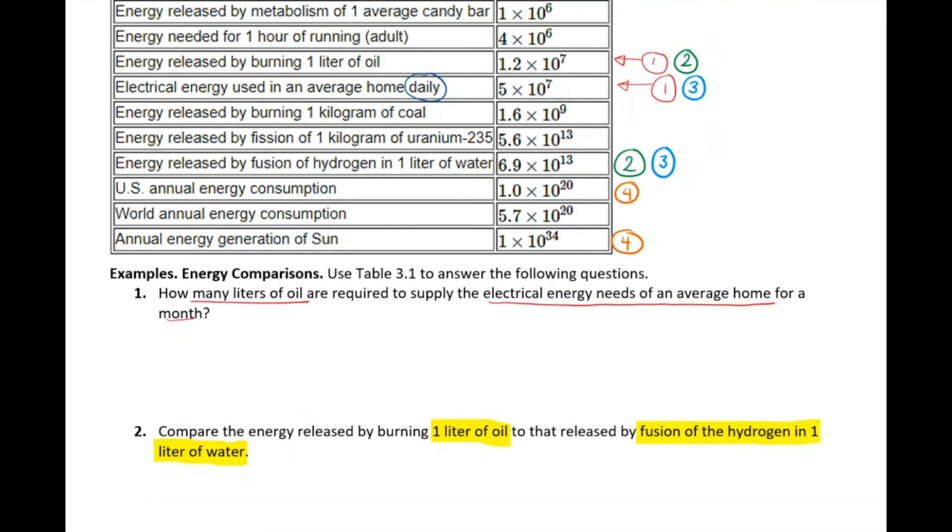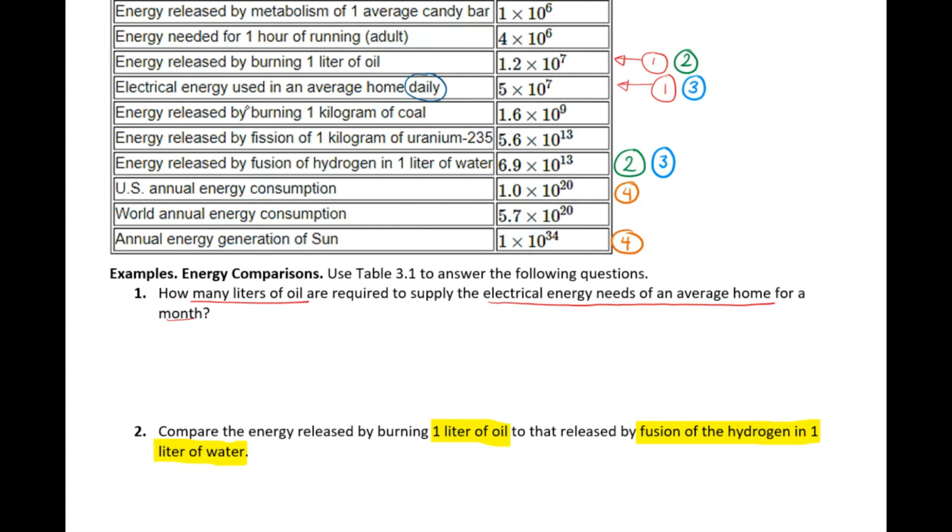It says, how many liters of oil are required to supply the electrical energy needs of an average home for a month? I put some problem numbers in here showing which equations you will use. Now you see you want to figure out the liters of oil, so that needs to be your outcome, and the energy needs of an average home for a month.